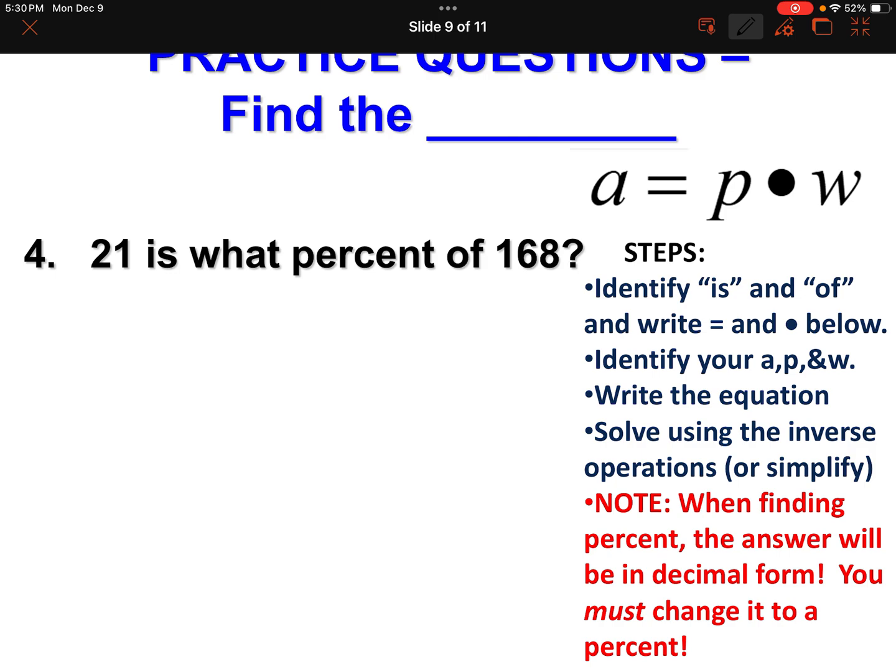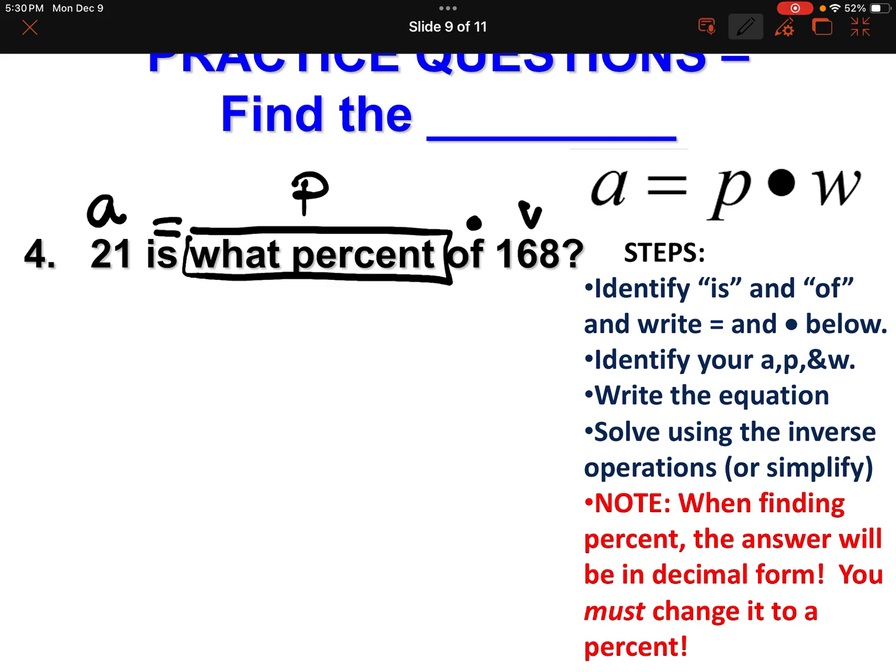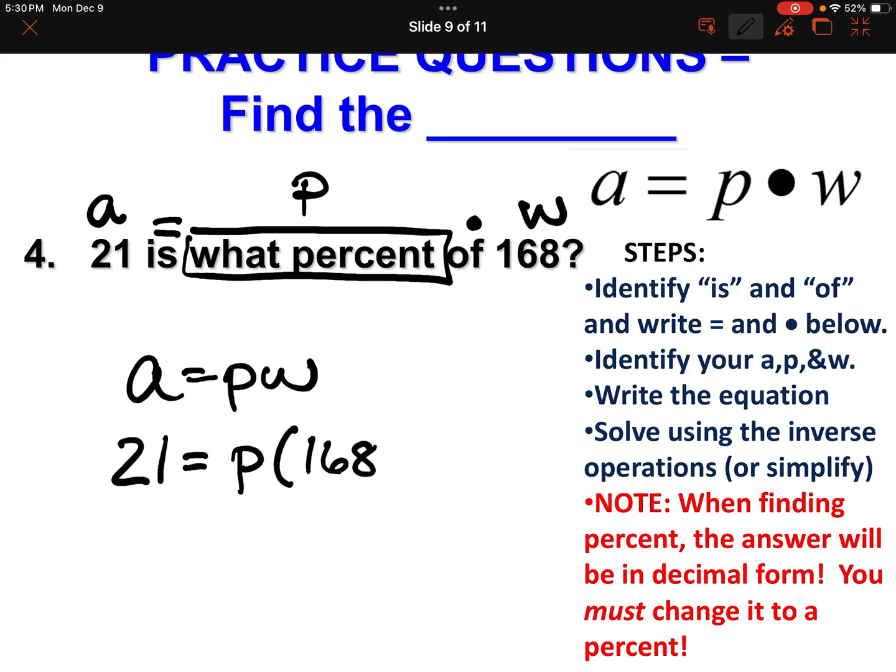As we move on to 4, 21 is what percent of 168? Hopefully we all realize what's missing here is P. 21 is, that means A is what percent of, that's times W. So you are going to have A equals PW. 21 equals P times 168.